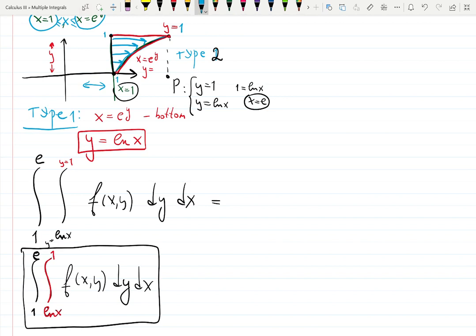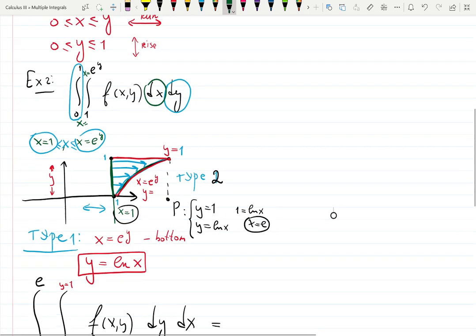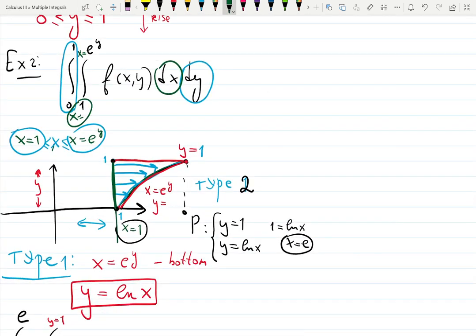It's always one way versus another way, so if we did it using the left function x equals 1, which was here, and the function on the right, which was x equals e to the y, now we need to switch from top to bottom. We rewrite everything in terms of another variable. In this case it's y, and we wrote it. It was x equals e to the y.